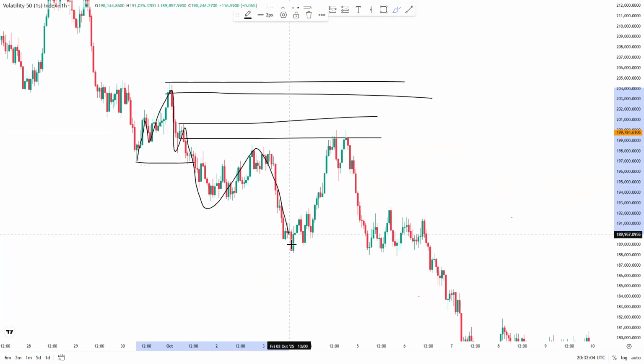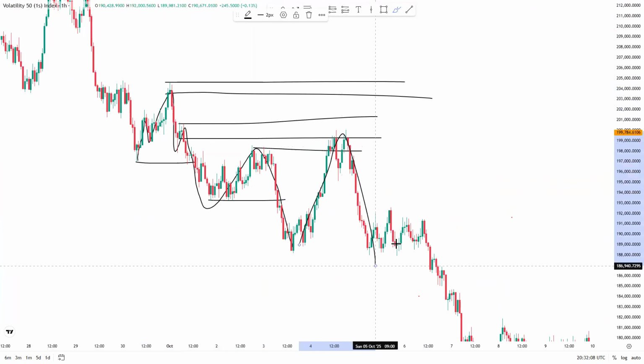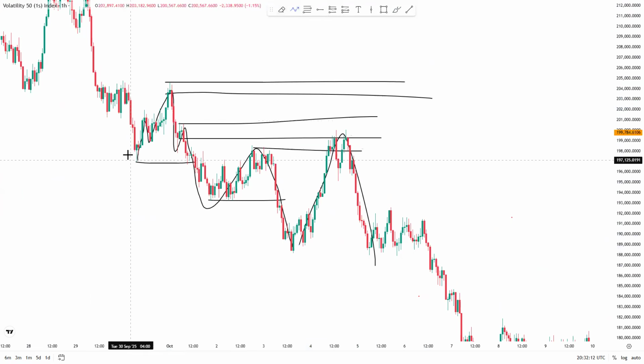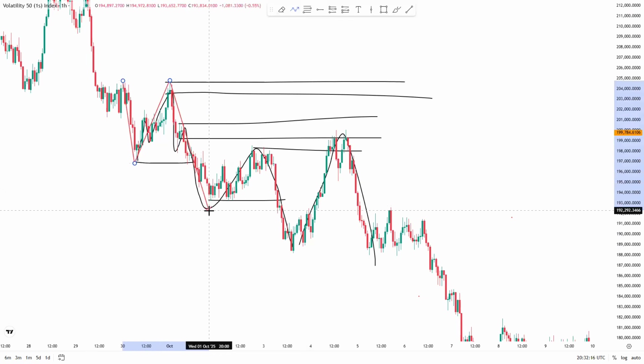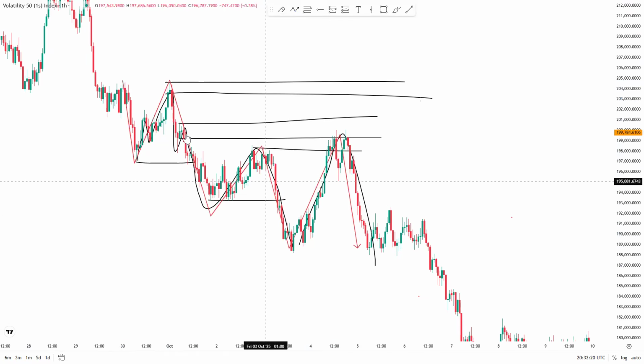Price gave you an inducement just before the zone, and price will do what? Drop. If you look at structure wise, you see it as this is your valid A, this is your B, and this is your C. But you need to look internally to see what happened in that place and sell from there.